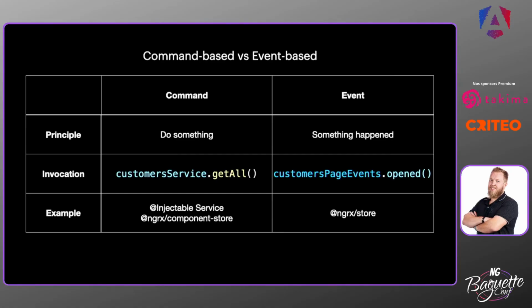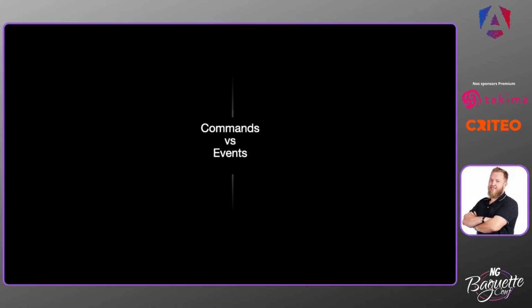For example, hey, my page got opened, and you figure out what needs to be done. Customers need to fetch, do products need to fetch, like whatever, right? From the component's perspective, it's like, hey, this happened, and I'll be reading some data somewhere else. Again, biggest examples are NgRx global store, right? NgRx store.